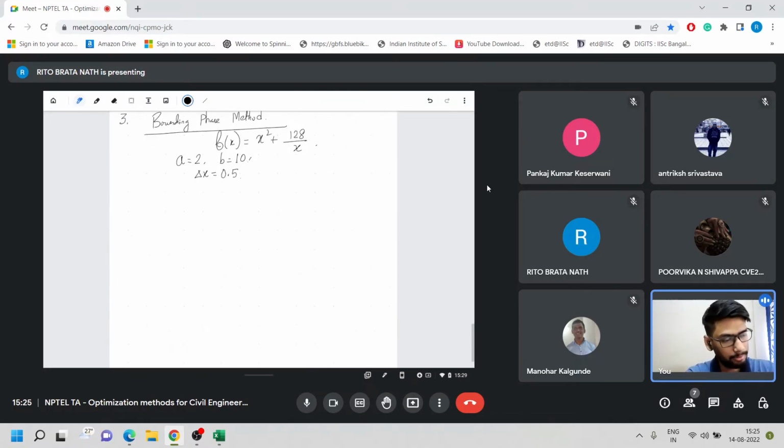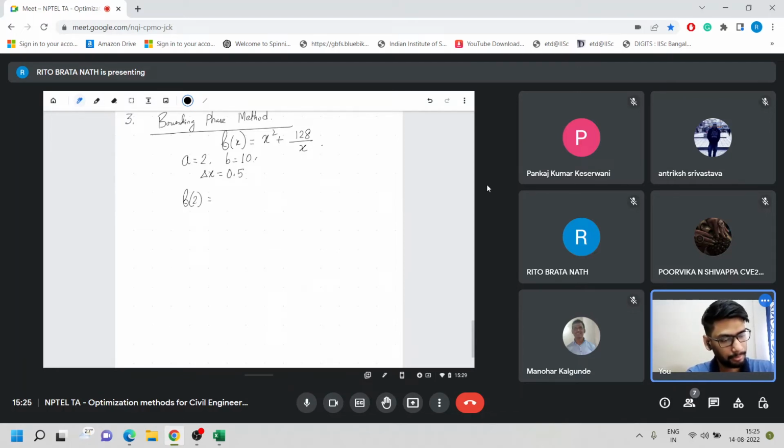So again, you will calculate your f of 2 and f of 2.5. You will set your x1 to 2, x2 to 2.5, and when you evaluate this function, you can also get your x3 as 3.